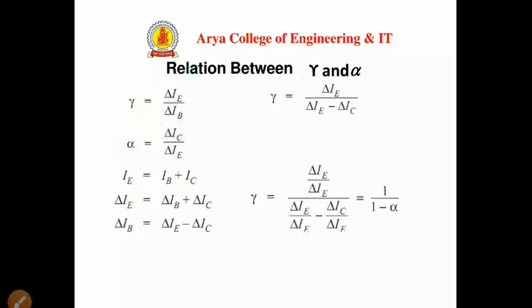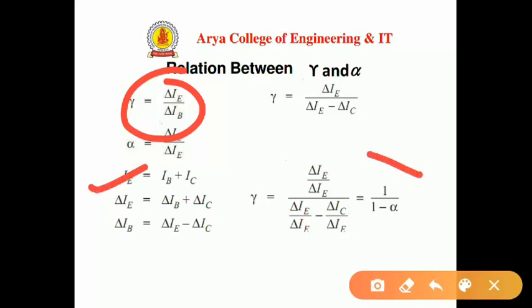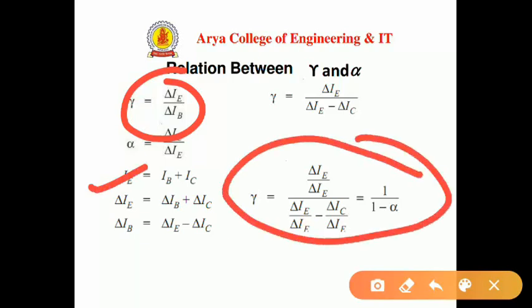We have some relationship between gamma and alpha. Gamma equals del IE upon del IB, as we discussed earlier, and alpha equals del IC upon del IE. Put the values in IE equals IB plus IC. Then we get gamma equals 1 upon 1 minus alpha. This is the relation between gamma and alpha.